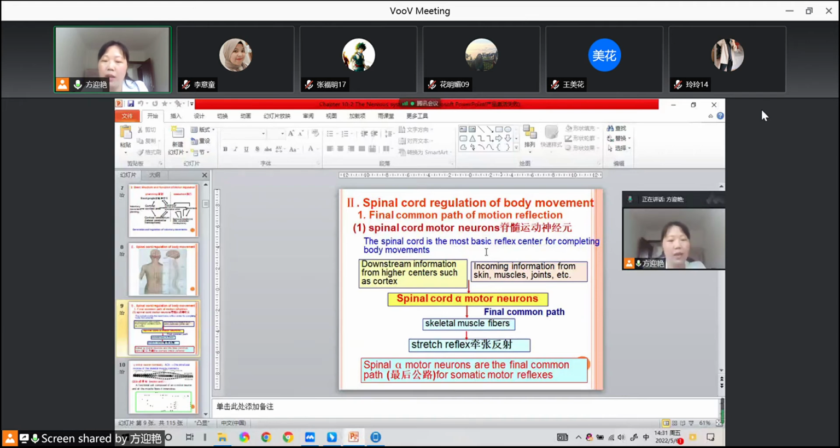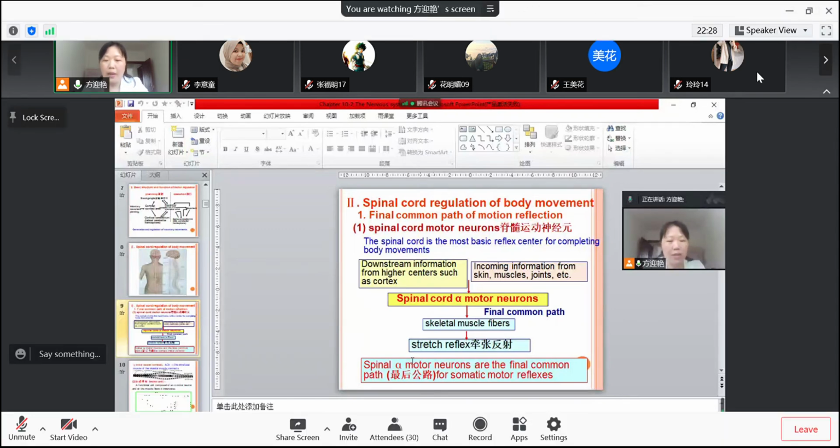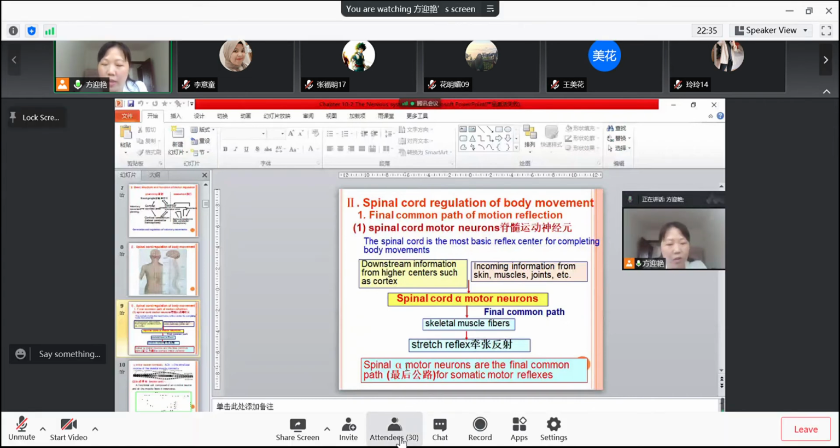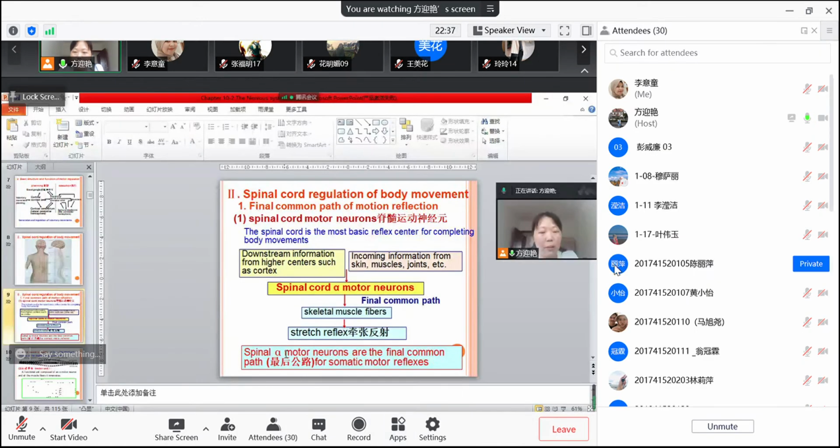This is the reflex, which we call the stretch reflex. I hope you know what the final common path is: the spinal alpha motor neuron.